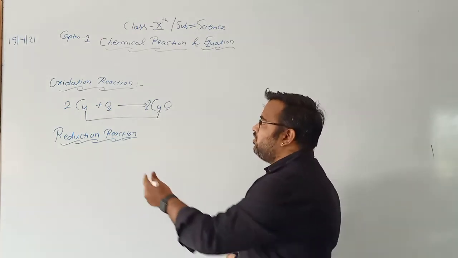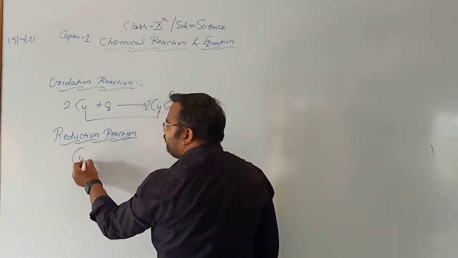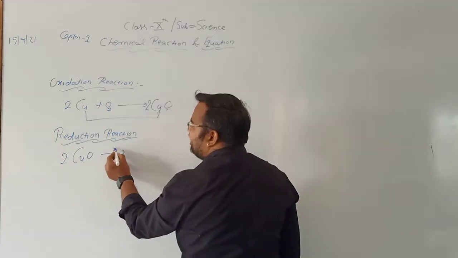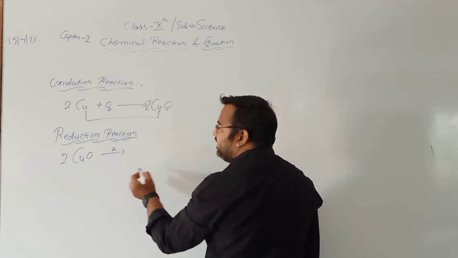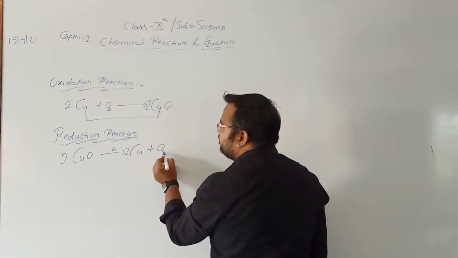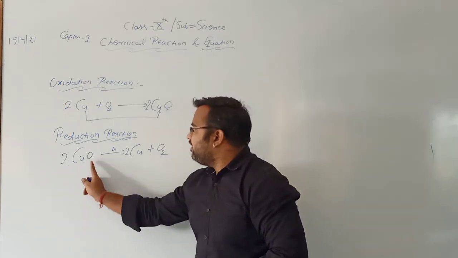Let us take an example of reduction reaction. If copper oxide, the reverse reaction of this, is heated, then it will give copper plus oxygen. Now the balanced reaction: 2 copper and 2 oxygen.